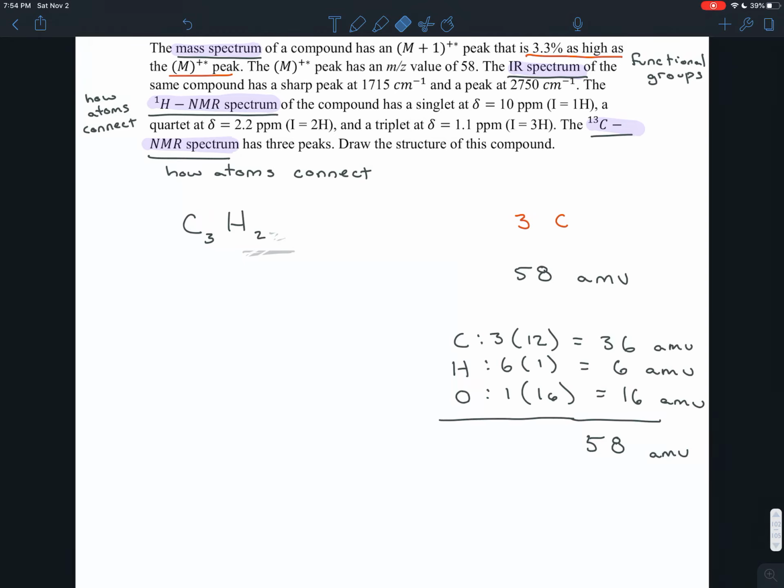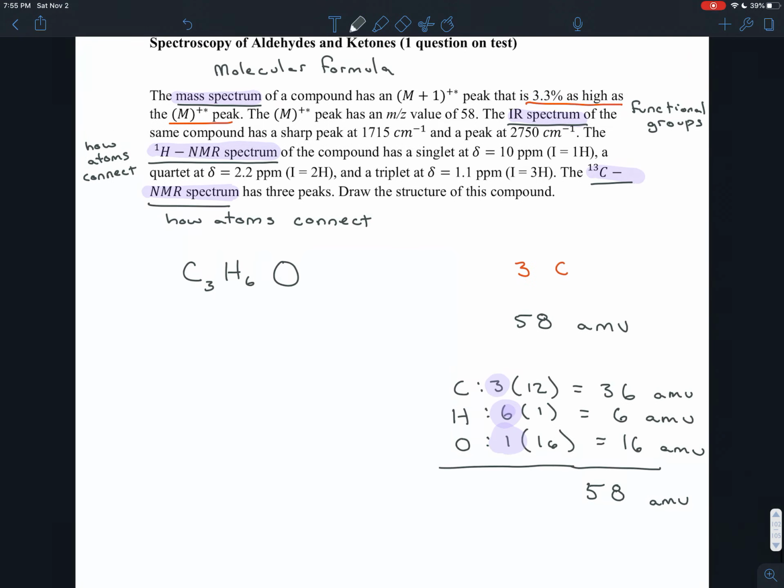In other words, the molecular formula for our compound is C3H6O. Really O1, but you don't have to write the 1. So now we have the molecular formula for our molecule. We got that from the information given to us in the mass spectrum.